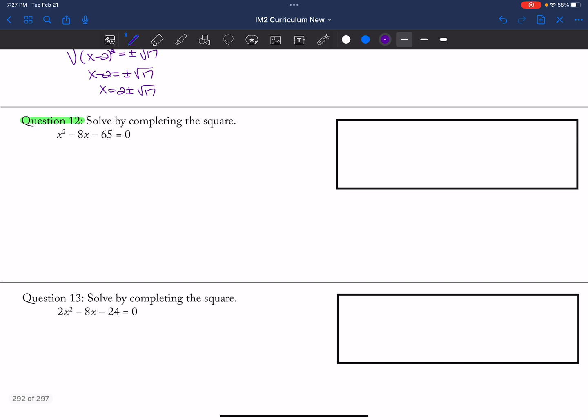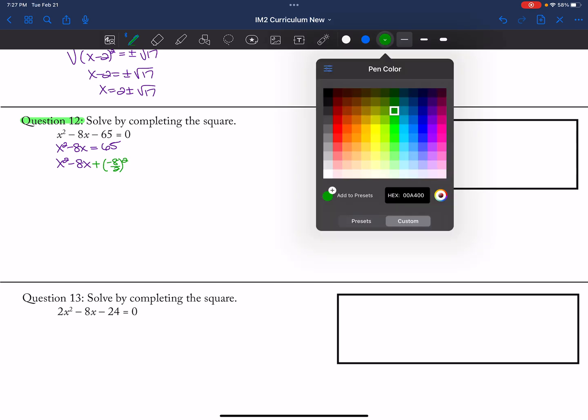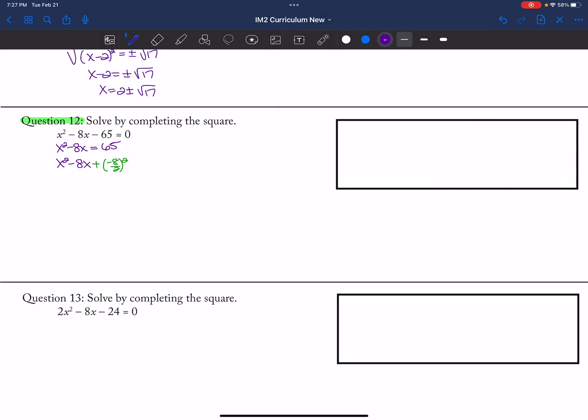Okay, so 12. x squared minus 8x is equal to 65. So I added 65 to both sides. So I have x squared minus 8x. I take half of my negative 8, so negative 8 over 2, and I'm squaring it. And I'm just looking at that because there's no coefficient other than 1 in front of my x squared.